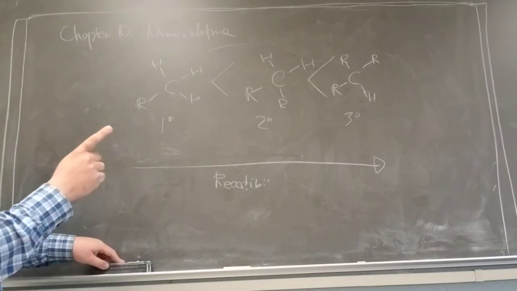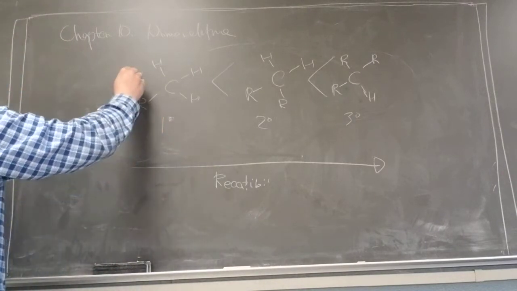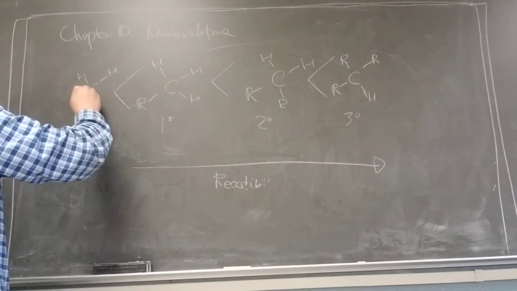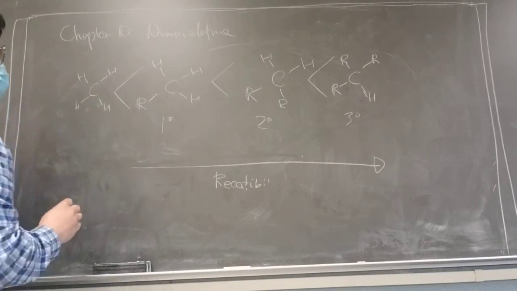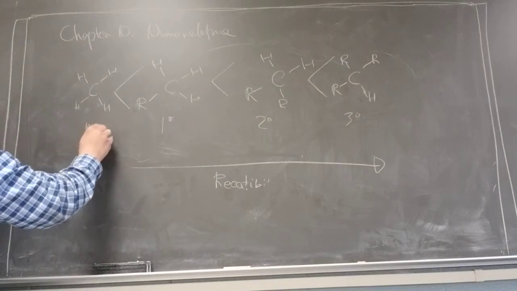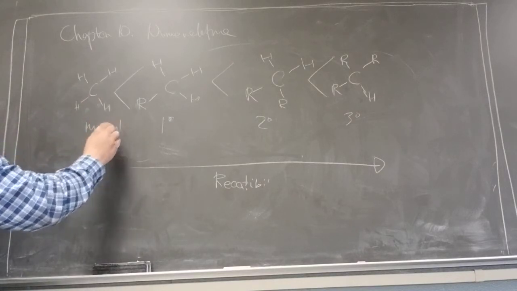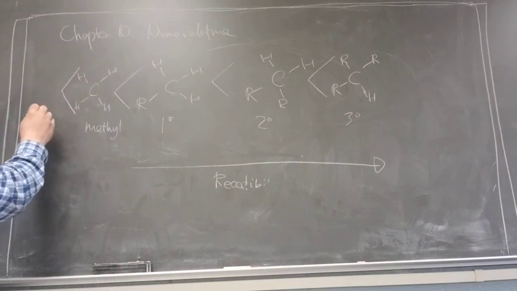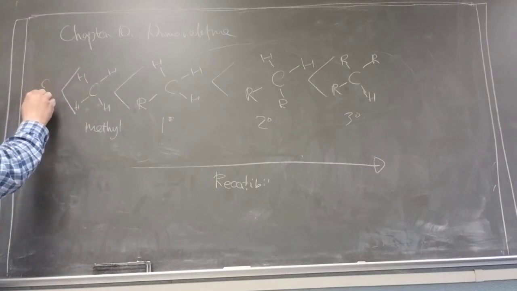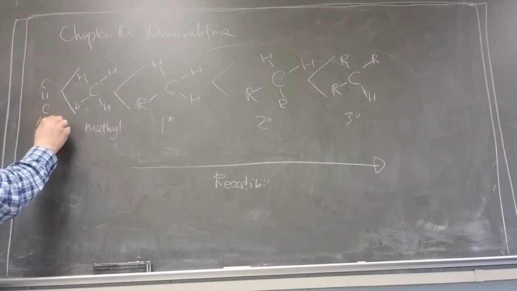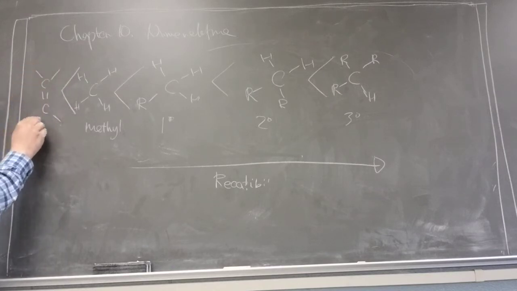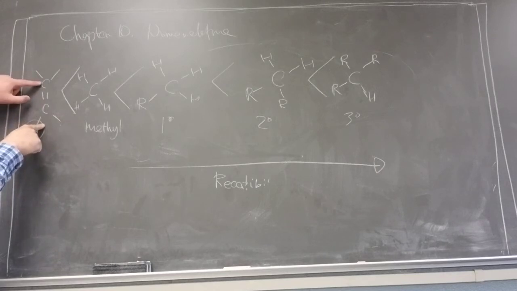Let me add a couple more here. Maybe you can go even further, with only hydrogen, right? We can say it's a methyl position of the hydrogen. And then there's another one here, where there's a hydrogen attached to a carbon that is double bonded to another carbon.